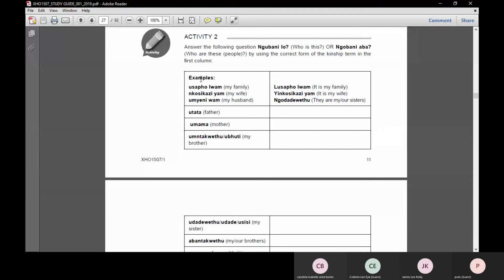So if I see you standing with your father, and I ask you, Ngubani lo, who is this? How will you respond? What will be your response? Tell me that this is your father. Is it ngutata? Or is it tata? Ngutata is correct. No, it's ngutata.